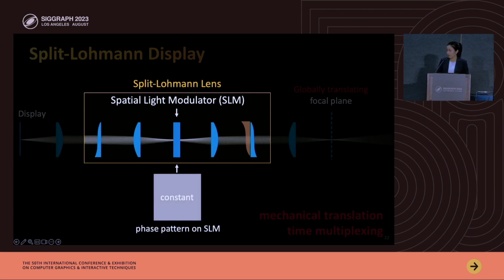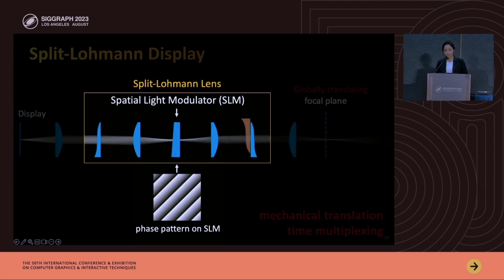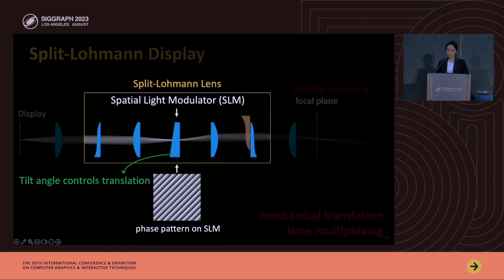When there's no phase pattern, or a constant pattern on the SLM, there is no relative translation between the two cubic faceplates. If we change the tilt angle, or use a linear phase ramp on the SLM, we effectively translate the cubic faceplate by some amount. If we increase the tilt, or the slope of the phase ramp, we translate them even more.